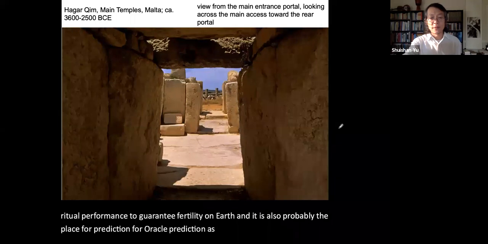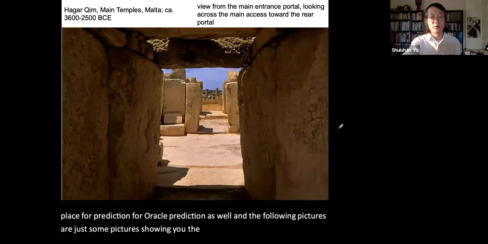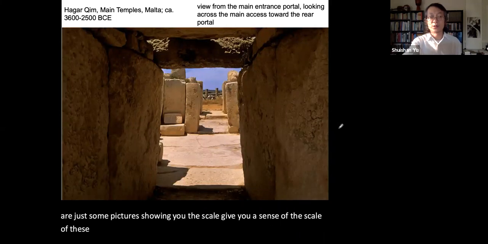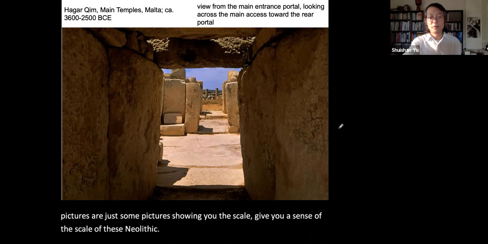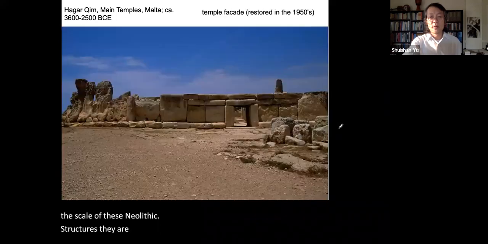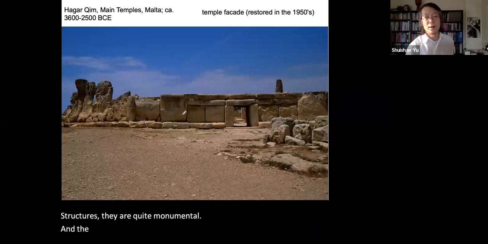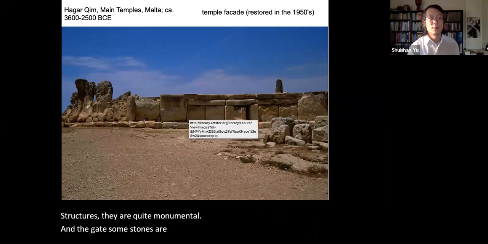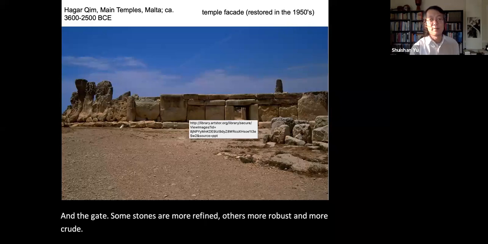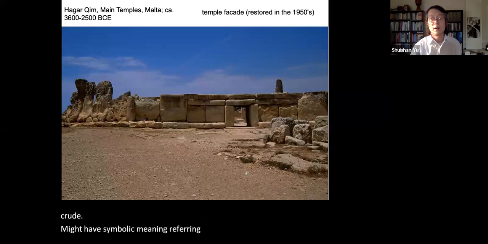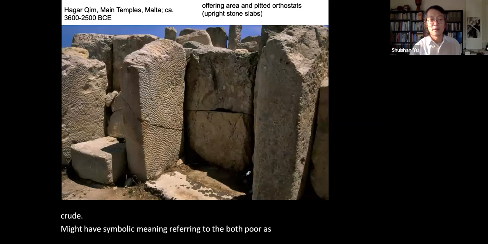And the following pictures are just some pictures to give you a sense of the scale of these Neolithic structures. They are quite monumental. And at the gate, some stones are more refined, others more robust and more crude, and might have symbolic meaning referring to the bull's horn as well. And the interiors are dressed.